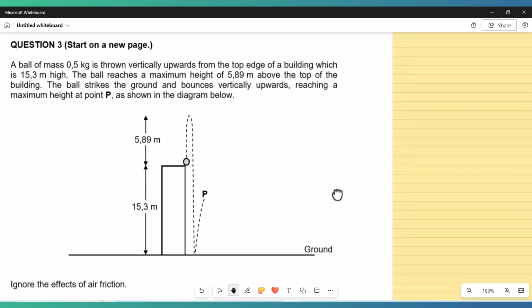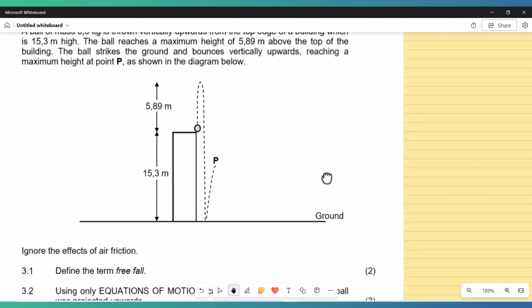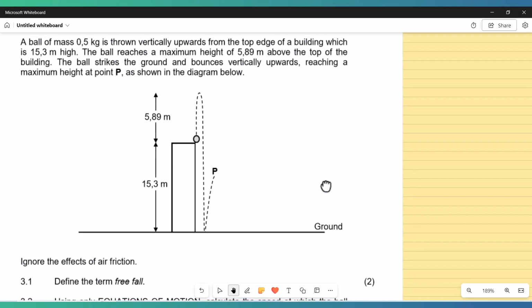For that case, let us choose upward motion as positive.